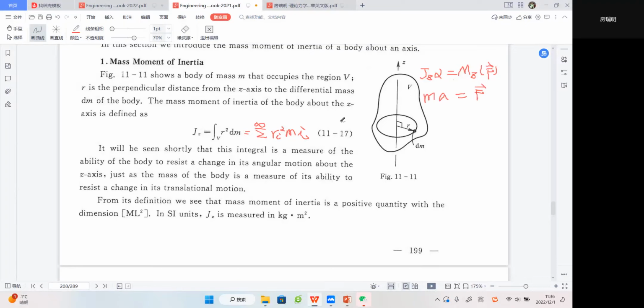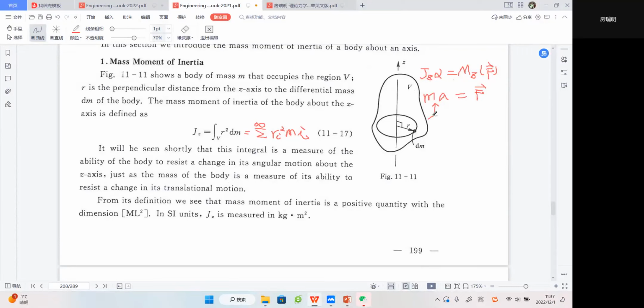So that's why we said that mass m is a measure of its ability to resist a change in its translational motion. So you can find the bigger m is, the smaller a will be if the F is the same value. So that's why m is the measure of its ability to resist a change in its translational motion.